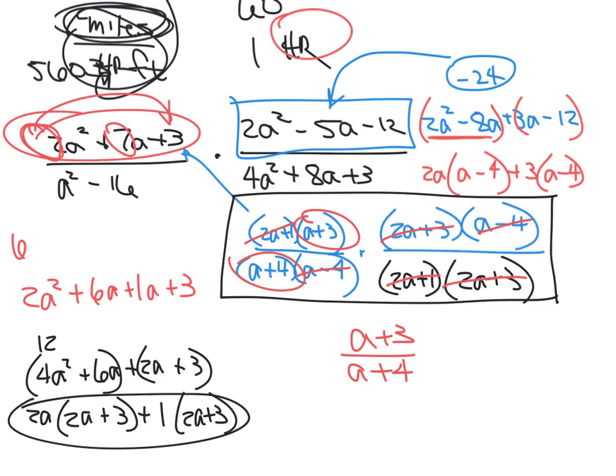So if you cancel everything, make sure you put the 1 on top. Now on the bottom, if there's a 1 on the bottom, it can just go away. It's not that big a deal. It's kind of like saying you can have 5 over 1, but you can't have over 5. You have to have something there. So if there's nothing there, you put 1 there. But here you don't need that because it's just 5. So that's it for lesson 6.2.